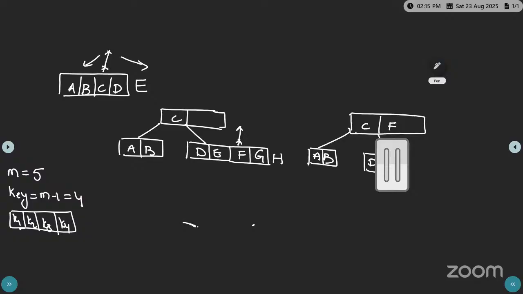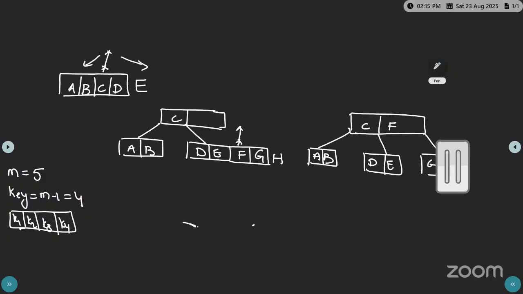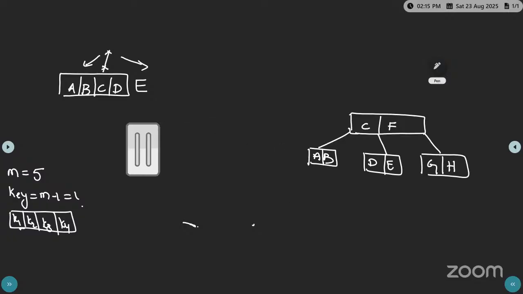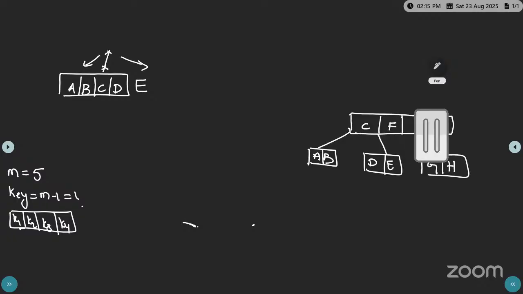And next, tell me the right of F. Till now any doubt? Any confusion? No. Two more spaces are available in this.